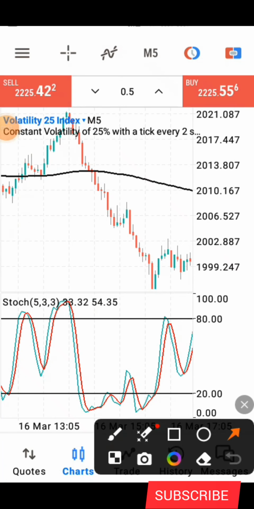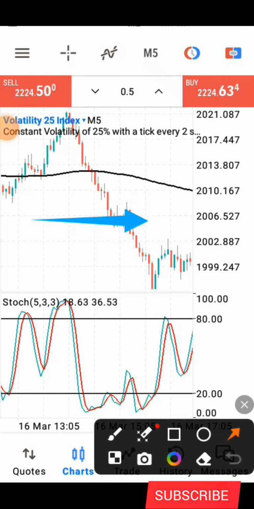Whenever you see the price is below this black line, the 200 EMA, the 200 exponential moving average, that is to tell you that we are now in a downtrend, and any trade you are taking, as long as price is below this moving average, is going to be a sell trade.